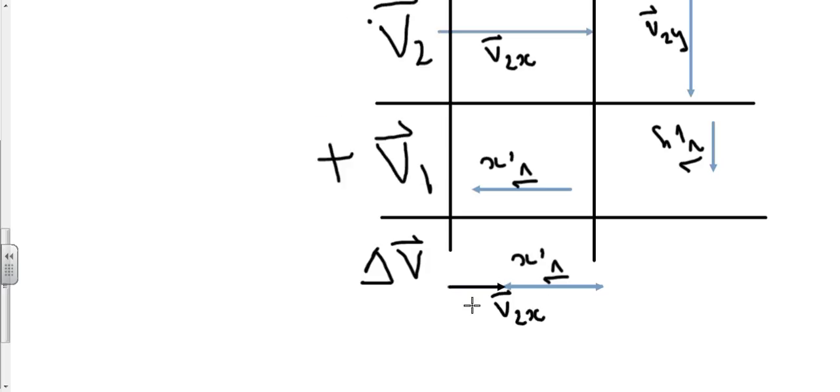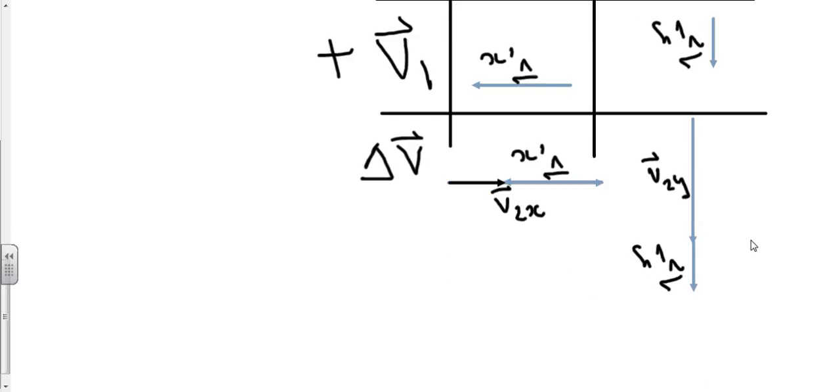And if you're not sure why that works, go back and look at some of the previous videos. And then here I have v2y plus v1y, and the resultant looks like this. So when I'm done, that isn't my final answer. What do I need to do? I need to put these two things together again.